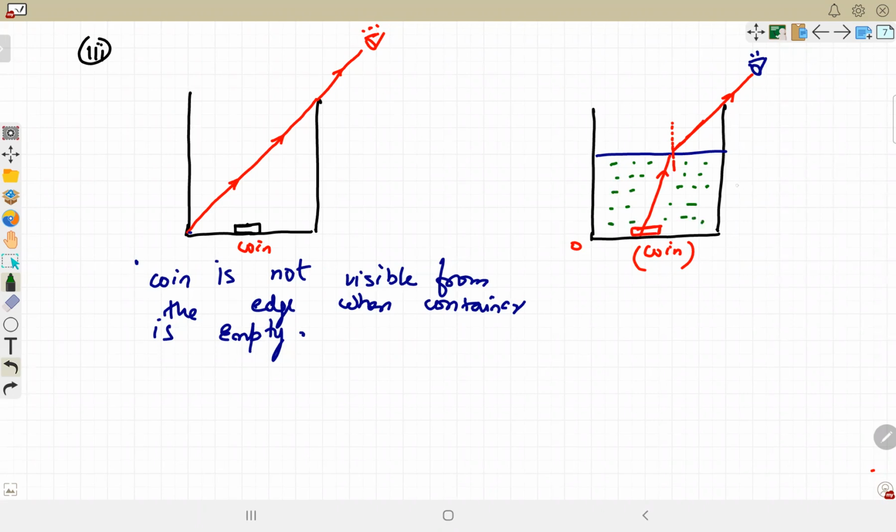So Jayesh, you understood the ray diagram, and clear cut understanding is required. For image formation, light should always start from the object. Earlier, the light ray coming from the coin was not reaching the person's eye. Now the light ray starting from this coin is also able to reach the person's eye.